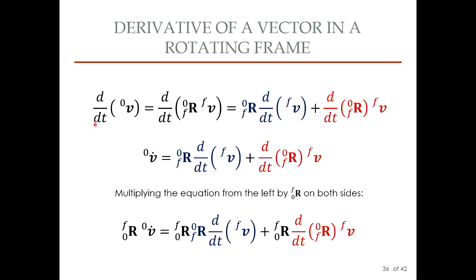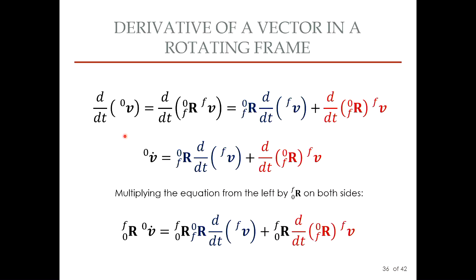And this derivative, component by component, correctly represents the actual time change of that vector v. Now what we want to find eventually is not the derivative in frame 0, but the derivative directly in frame f, that other rotating frame.